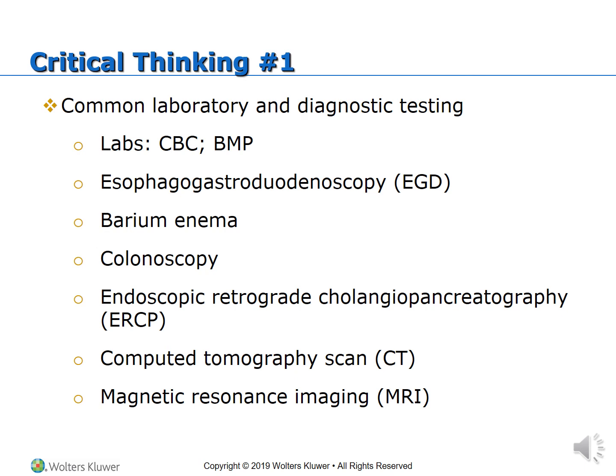CT is radiographic imaging of the abdomen that can be done without contrast or with oral and or IV contrast. A CT scan will show soft tissue tumors and abnormalities when contrast is used. When contrast is not used, a CT is more useful for looking at dense material like something with a kidney stone.